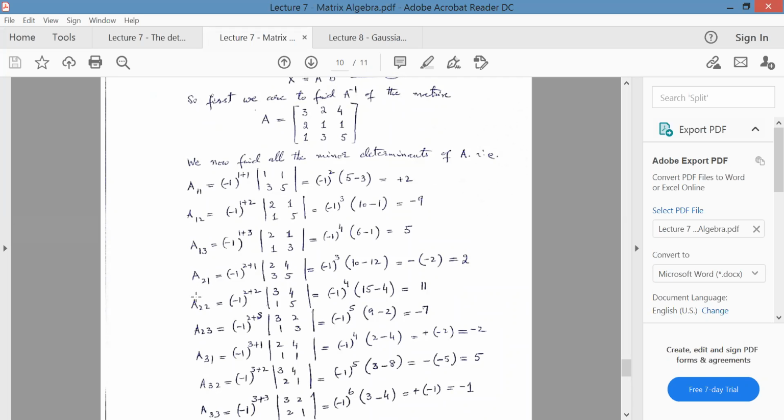A21, let me tell you. Second row and the first column. -1 power 2 plus 1. Okay, just add these two. Second row is this one. This will go and the first column will go. Now be careful while writing the remaining elements. You make mistakes while taking out the remaining elements. Don't commit this mistake. Now the first column will be 2, 3, and second column 4, 5. 2, 3, and 4. -1 power 3, 5 times 2 is 10.